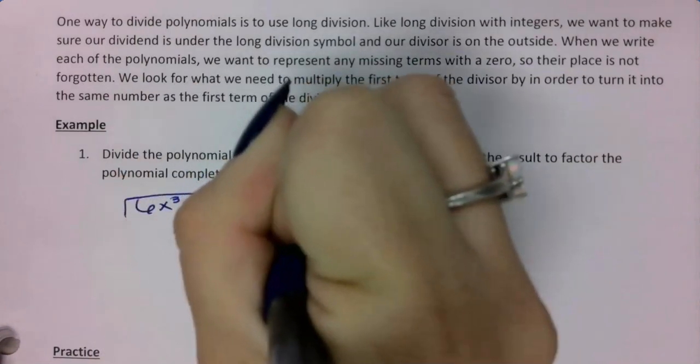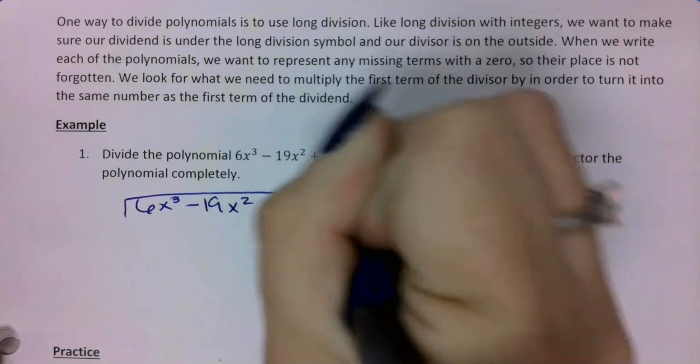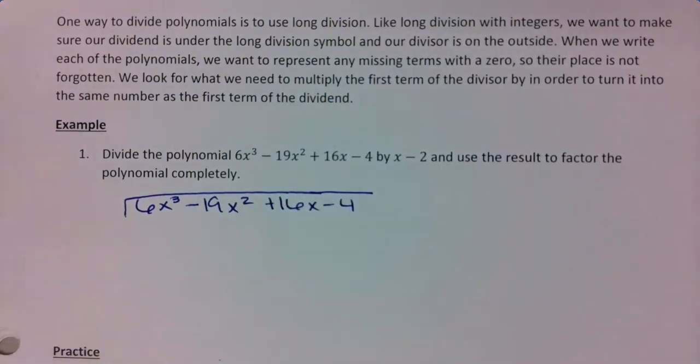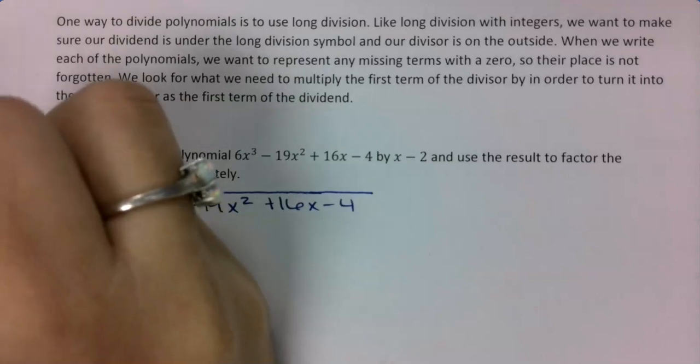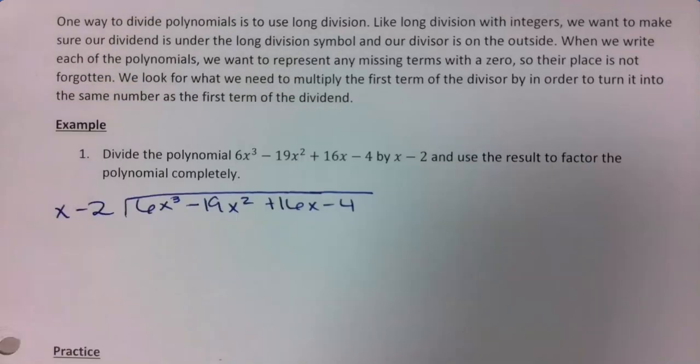This one doesn't have any missing terms. And then what I'm dividing by goes on the outside, which is x minus 2.